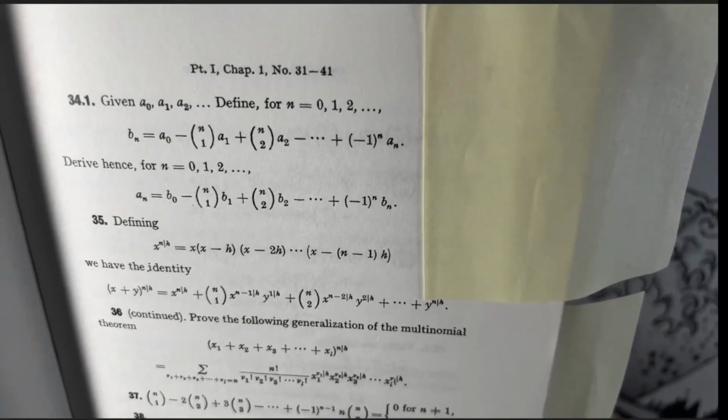But 34.1 says you're given a_n, define b_n as this sort of alternating series with combinations, and derive almost basically the same formula. This is sort of an intertwining between the a_n and the b_n if you define b_n that way. So a_n would be given by the same formula that b_n was.